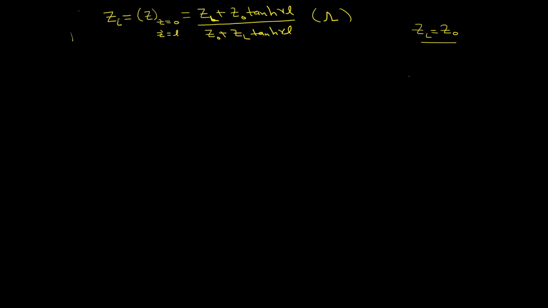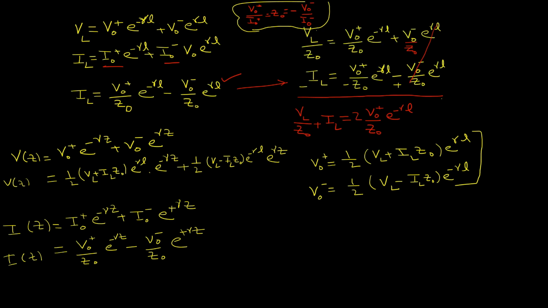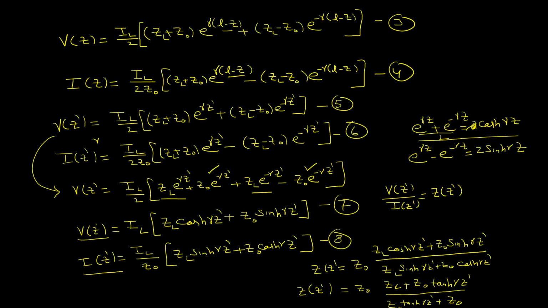So for that particular case, in equations 3 and 4, ZL is equal to Z naught, this term in equation 3 will be equal to 0, and here this term will also be equal to 0. So that will be equal to Z naught.